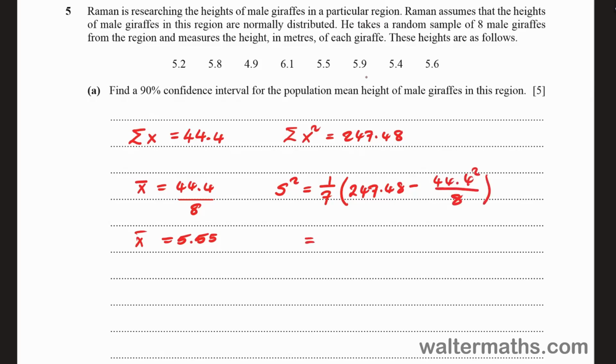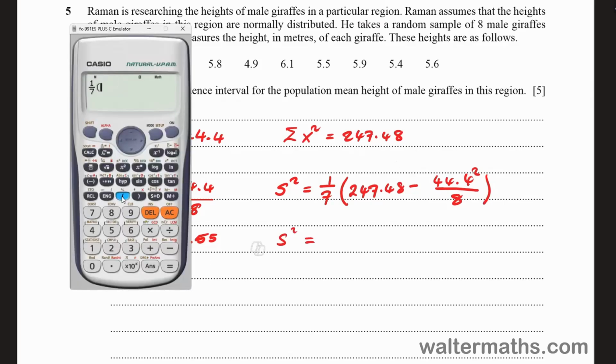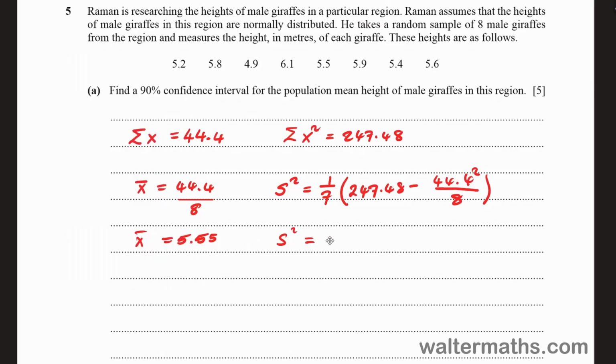All right, so s squared is going to come out as, let me do the quick calculation, 0.1514, and so on. Okay, so that's what we're getting right here. So we now have all the important things that we will need for calculating the 90% confidence interval.